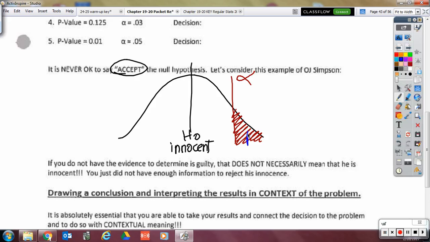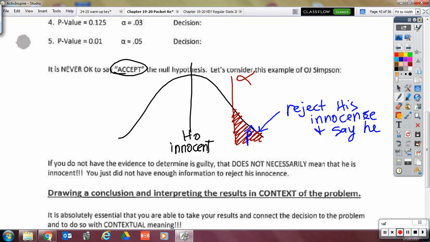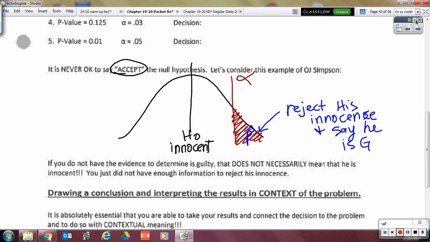So if I get a sample right here, then I reject his innocence and I say he is guilty. See how it's in the upper part? If I have a lot of evidence, I can reject it and say that he is guilty.